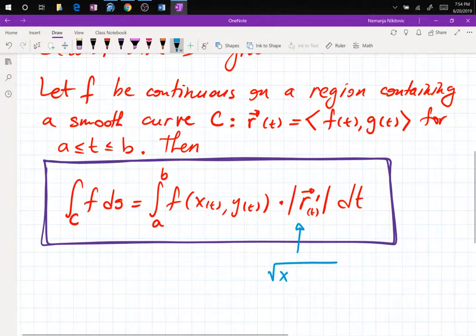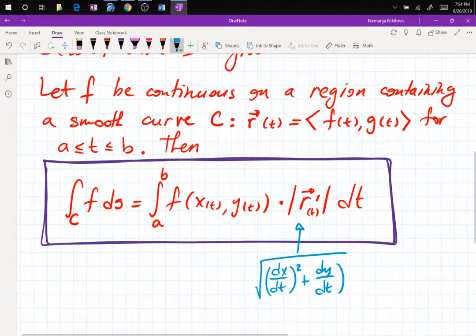I hope you remember this piece. These are not 12s. This is prime squared. Let me write it as dx dt squared plus dy dt squared under the square root. There we go. That's better.